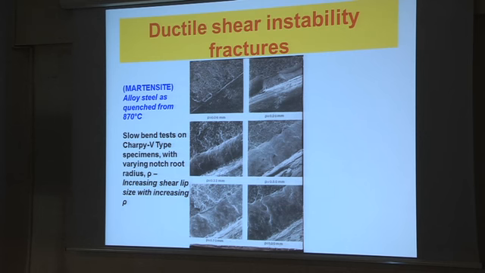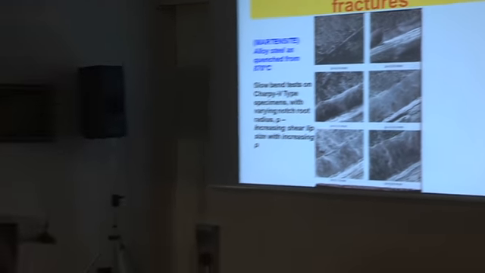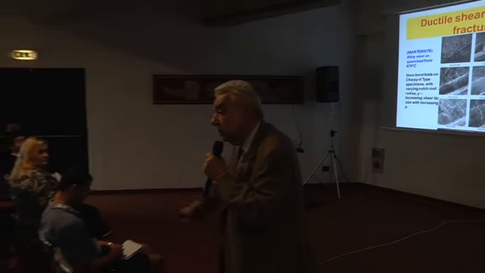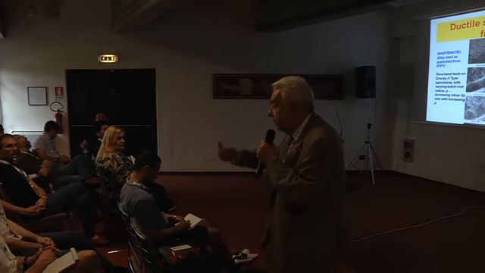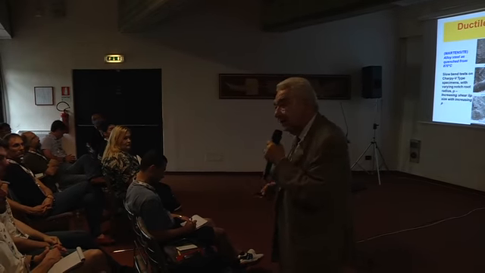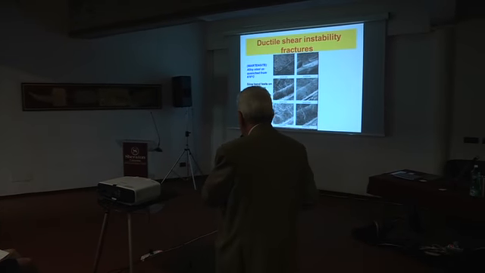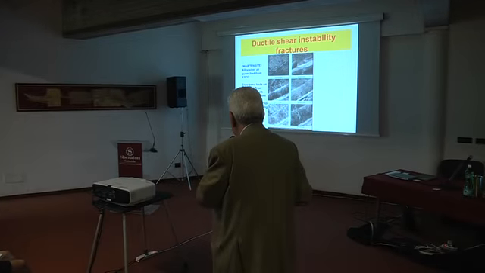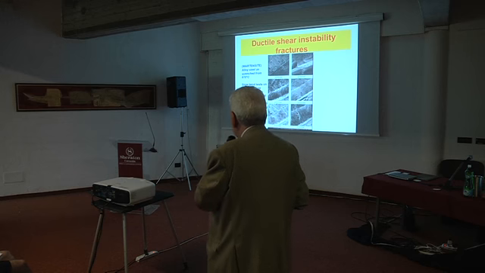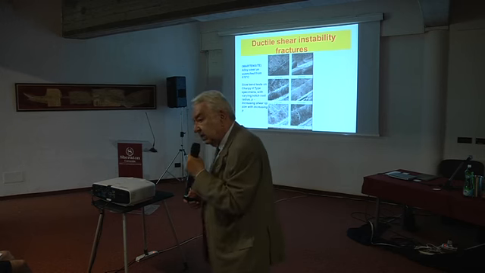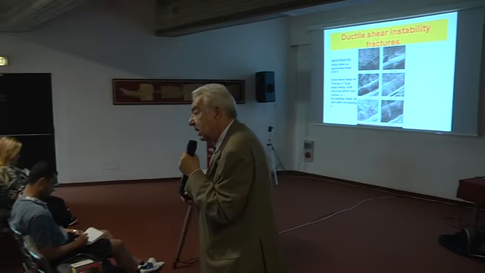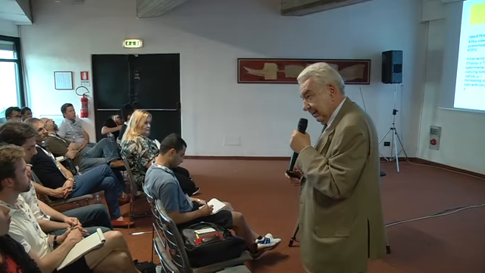If you go to a quenched and tempered steel, the strain hardening exponent is less than 0.1. And so the material does not generate dislocations, and so it may give rise to this type of shear instability fracture. And we'll spend the next 10 minutes speaking about that.